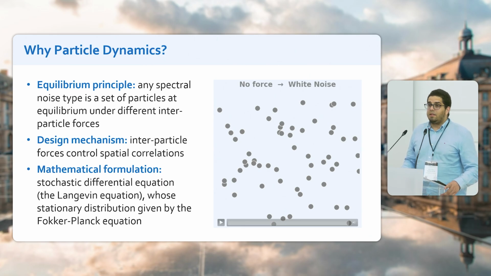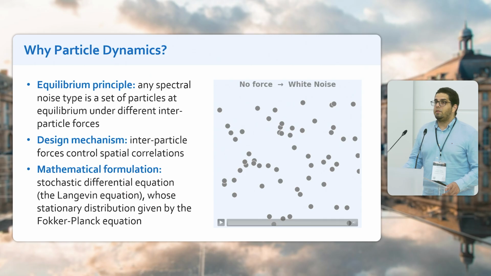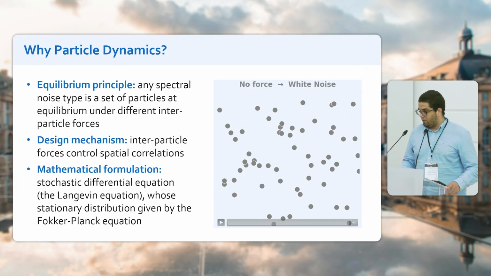And so then the task is basically to design these forces to force the specific correlation. For example, in the case of blue noise, it's negative correlation. In the case of red noise and pink noise, it will be positive correlation, clustering. And in mathematical terms, the good part is that we can rely on theory. There are stochastic differential equations that describe the distribution of particles.